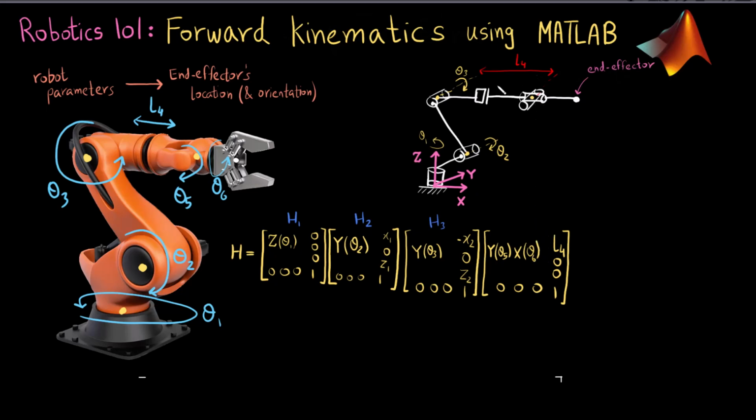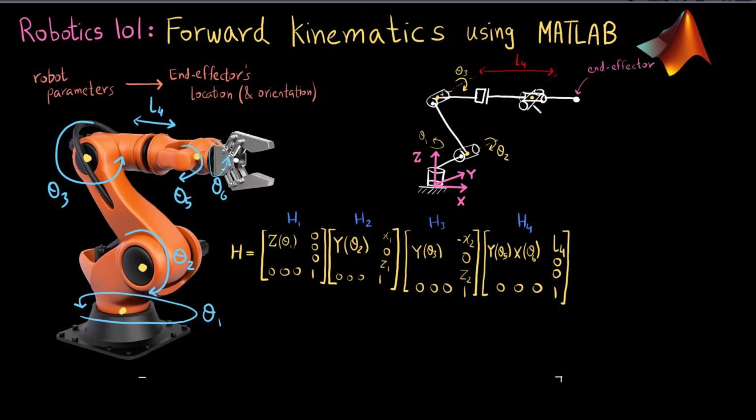So what I have done in my fourth homogeneous transform is first I have displaced it from this point to this point. So first there is a displacement which is given by A4 in x, 0 in y, and 0 in z.